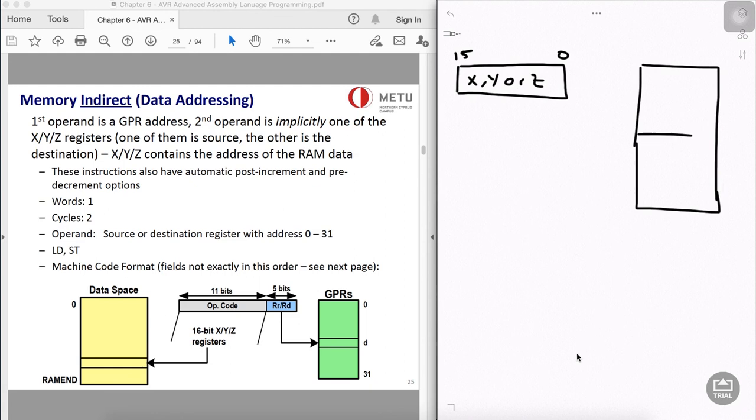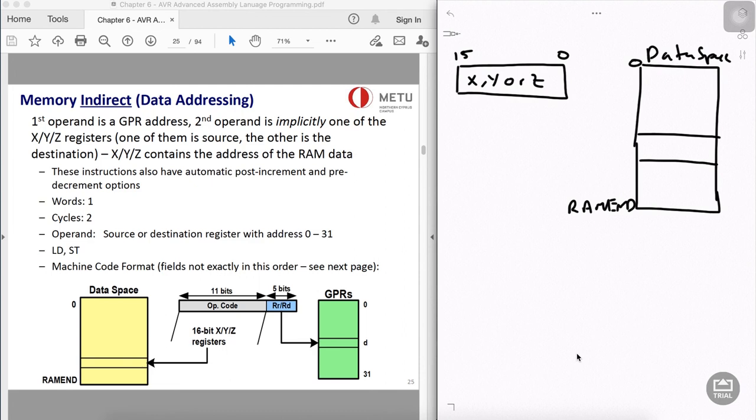It can be any place in data space, 0 to RAMEND. Now, the only thing that we need to care about is that we have two options over here. Either we do a post increment, or we can do a pre-decrement. So these are the two options that we can have.